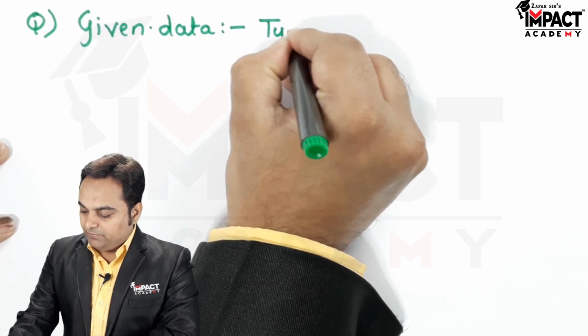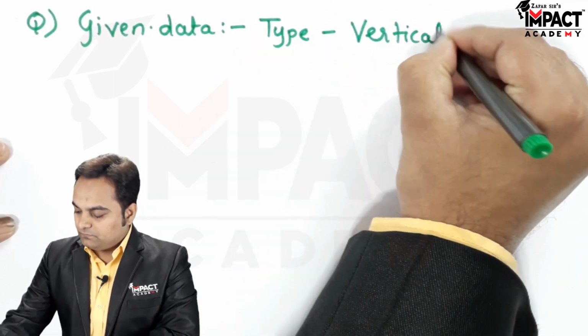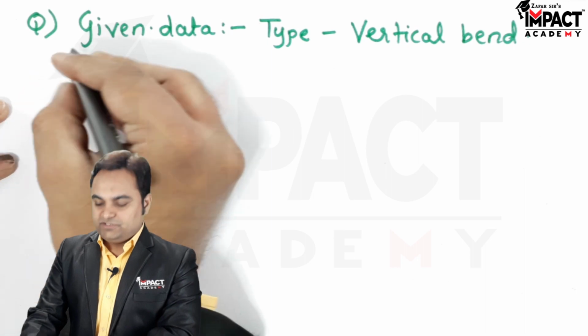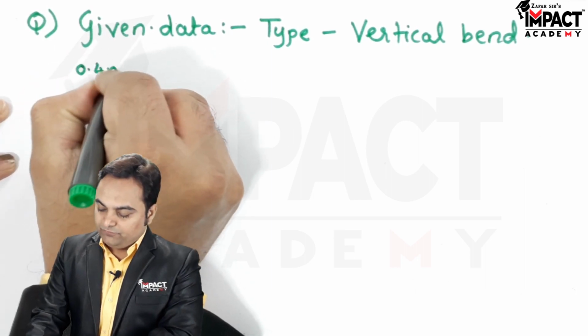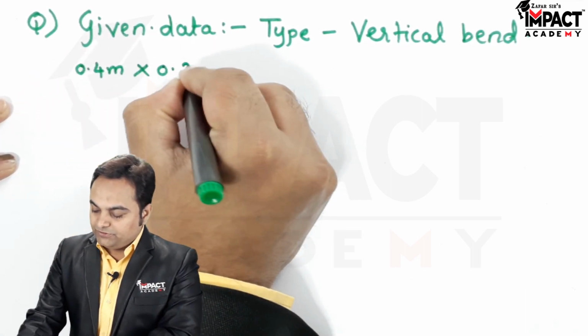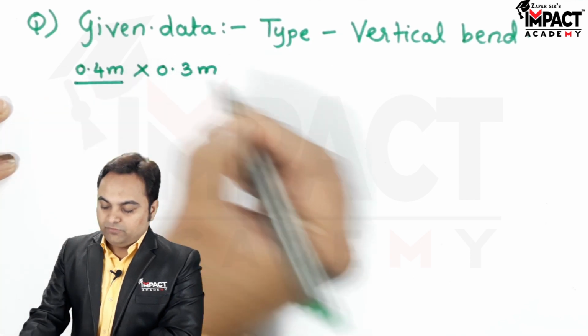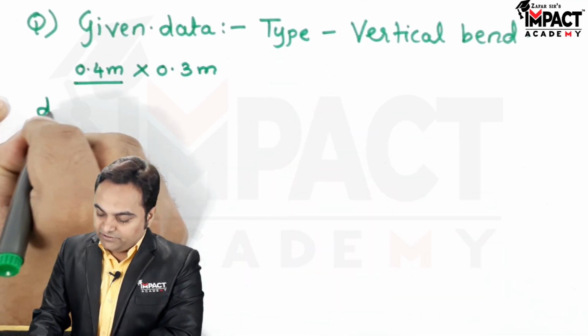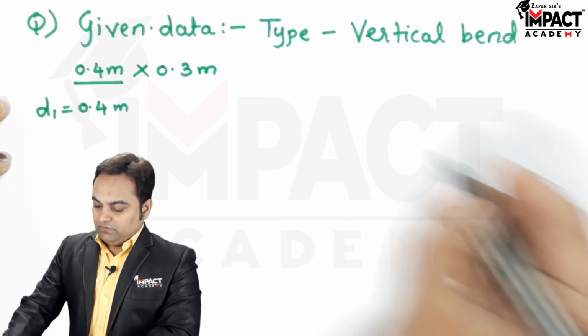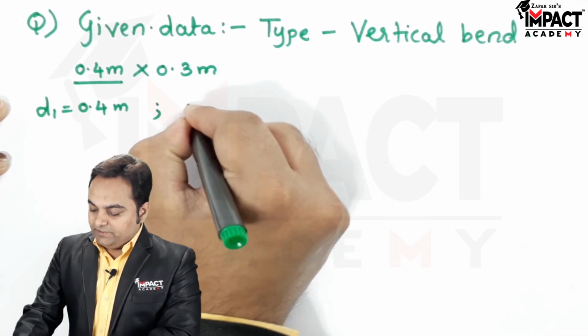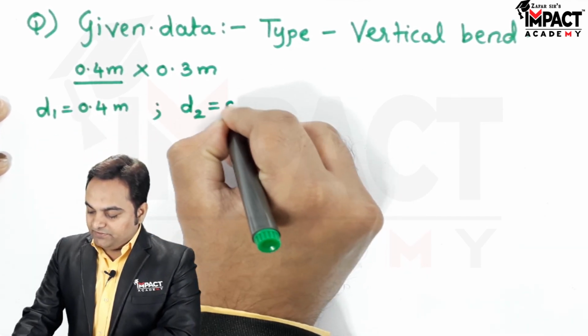It is a vertical bend. As the cross section is given 0.4 into 0.3 meter, 0.4 would be indicating the inlet diameter D1. 0.3 would indicate the diameter at exit.